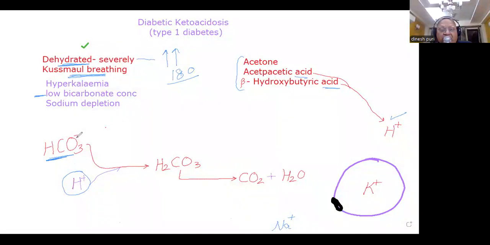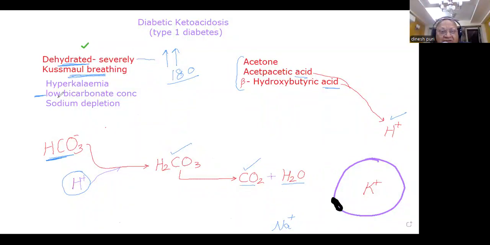The bicarbonate will combine with proton to give rise to H2CO3, which will of course dissociate into carbon dioxide and water. Here carbon dioxide is important. It stimulates the respiratory center. You must have learned in physiology which centers in the hypothalamus are there. Those centers are stimulated and as a result, there is Kussmaul breathing.